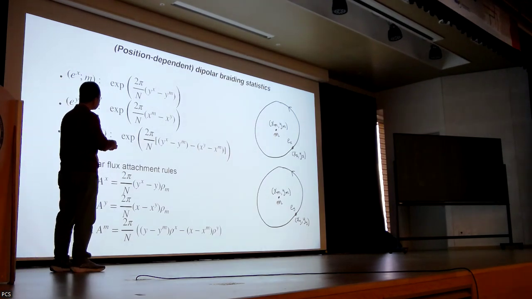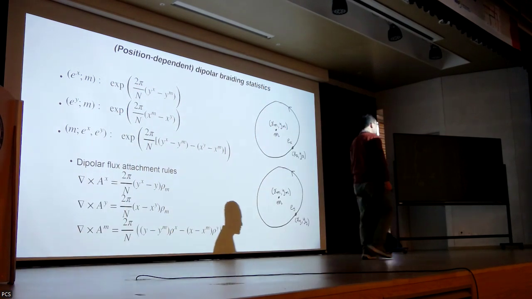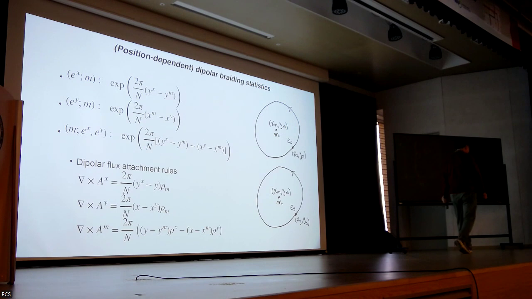Can I ask a question? Sorry, I want to have a clarification about this dipolar flux attachment rule. Here x and y appear on the right-hand side, the coordinates. So A_x, A_y, A_m are all functions of the x and y coordinates, and the y^x and y^xy are the locations of those dipole anyons.